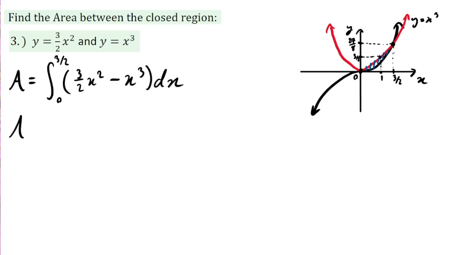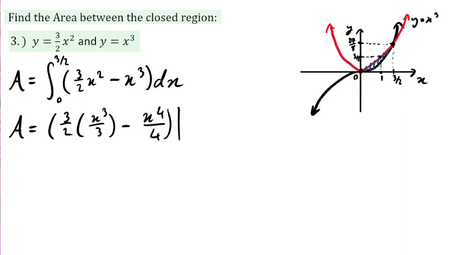So therefore, the area is equal to the integral of 3 over 2 times x squared. Just to avoid making any errors, we have 3 over 2 multiplied by the integral, which is x cubed over 3 minus x to the power of 4 over 4.